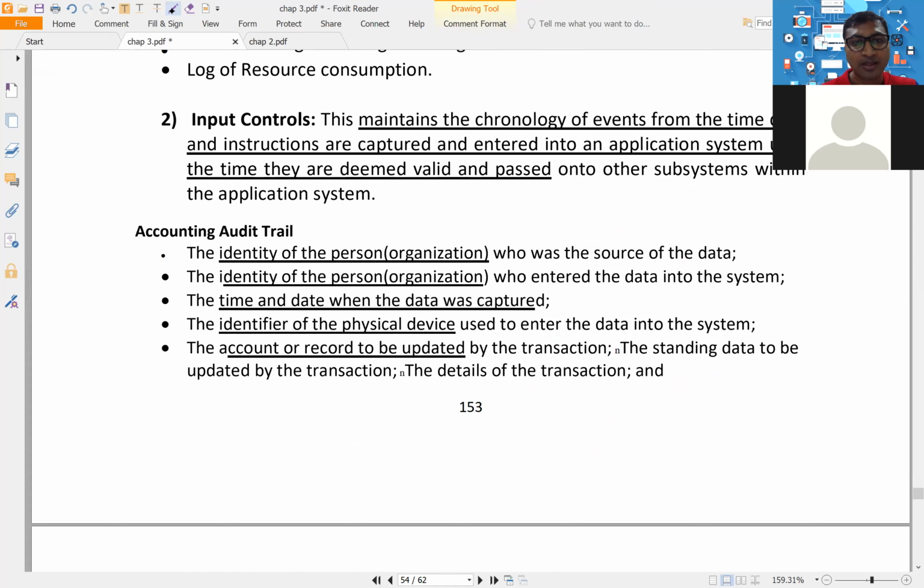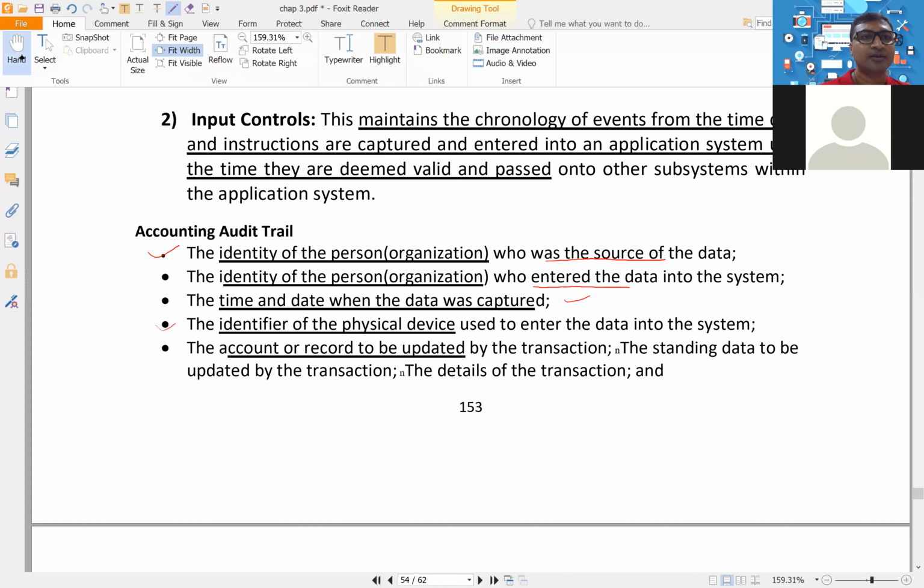Look at the aspects: identity of the person or organization who was the source of data, from where the data is coming, who is entering the data, what was the time and date it was captured, and which system or device we used to capture the data. Why do we require such details? So that in the future, if some fraud occurs, we will come to know the exact source of that fraud through these details. Understood?